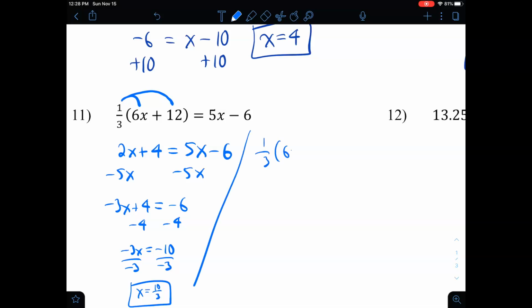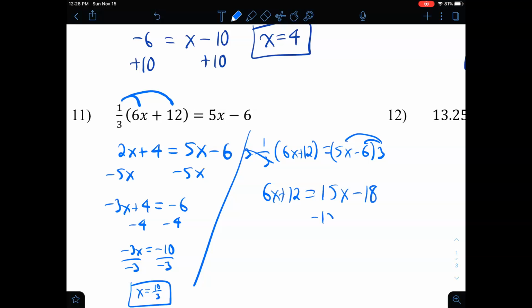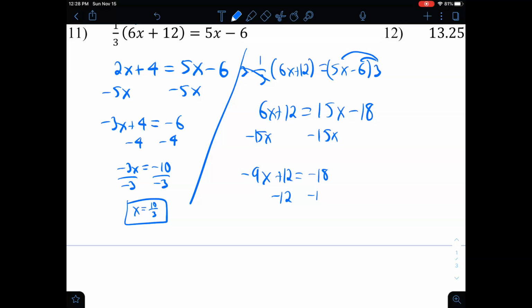Let's do it the second way now, too. So we have 1/3 times 6x plus 12 equals 5x minus 6. Multiplying both sides by 3 will cancel the fraction. These are going to cancel. We get 6x plus 12 equals 3 times 5x, which is 15x, and 3 times negative 6 is minus 18. All right, I'm going to subtract 15x from both sides. And I get negative 9x plus 12 equals negative 18.